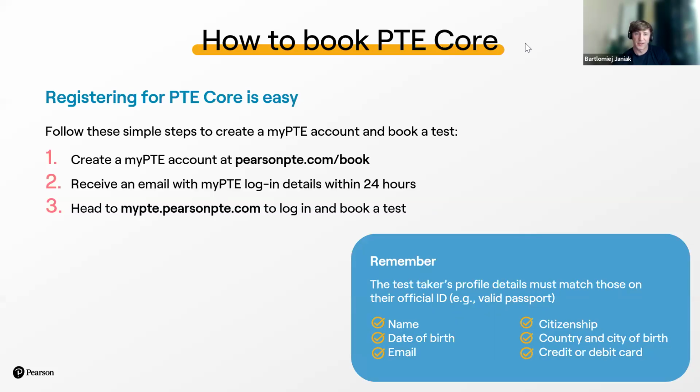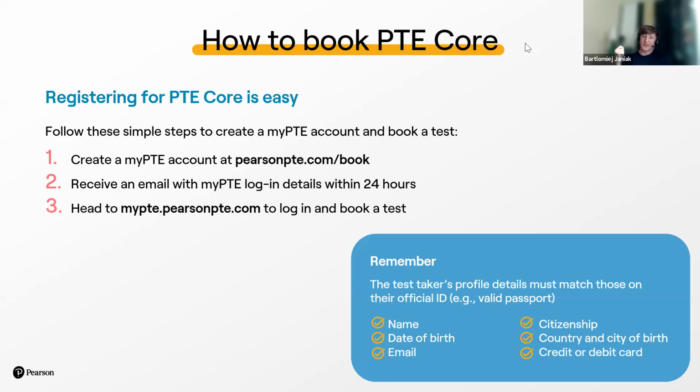So the next steps, this is a very simple booking procedure. You need to create a My PTE account. You will receive an email with the login details, and then you will just log in and book the test. And please remember that this is one of the requirements. That's why it's essential for you to be quite familiar with the test taker handbook and the formal requirements.